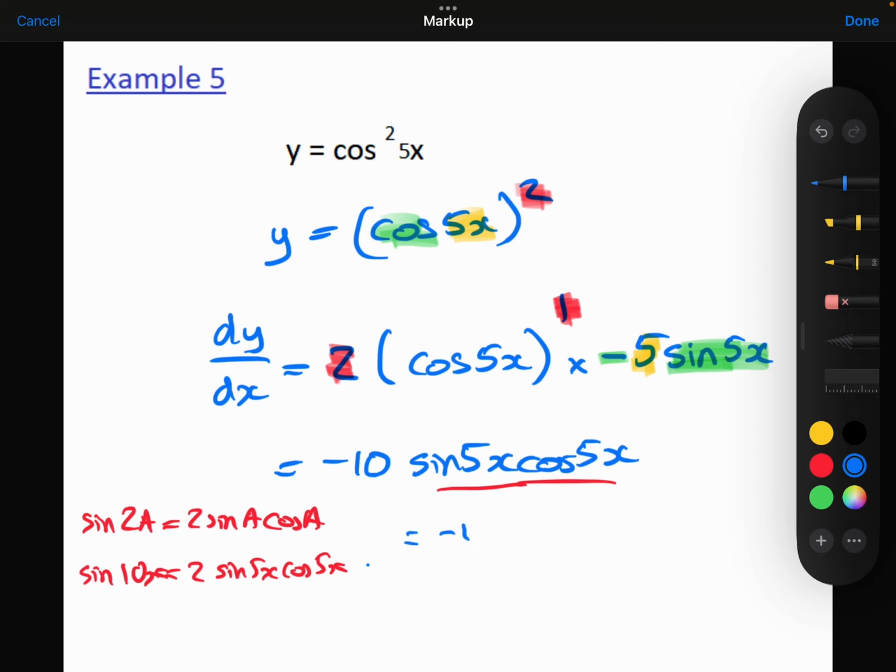So the minus 10, I'm going to rewrite that as minus 5 times 2 sine 5x cos 5x. And then this can be replaced with this.